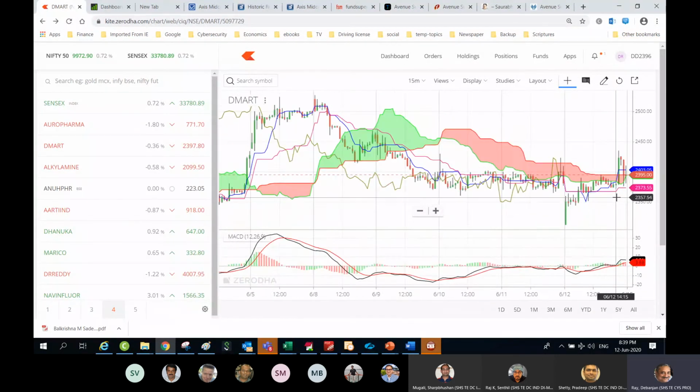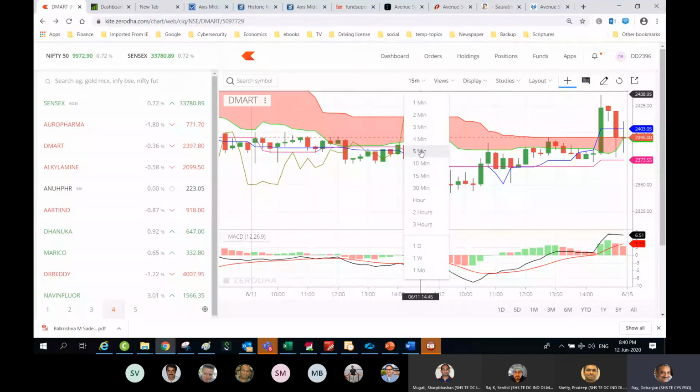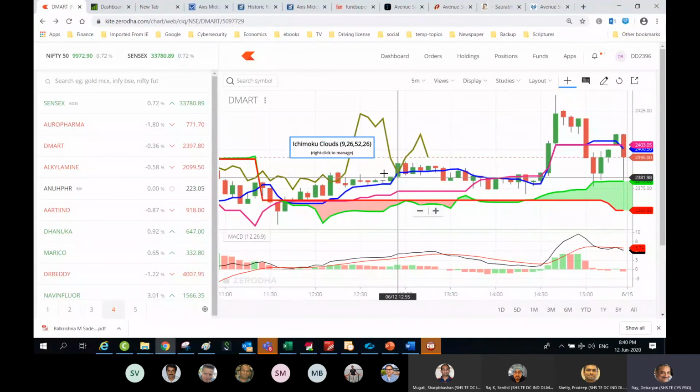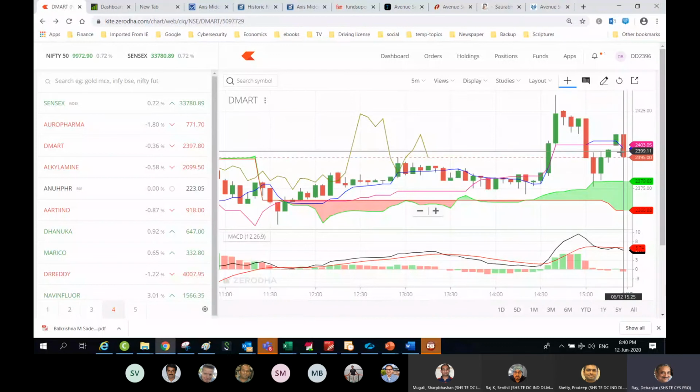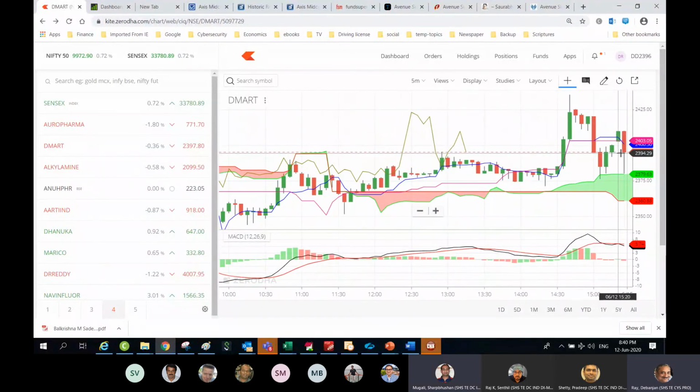Now it is the time to enter the stock, whenever it is fully out of the cloud, even for the 5 minutes. You can see it is fully out of the cloud. So those who are in the short-term money making business will now start buying this stock. Is it a clear concept?